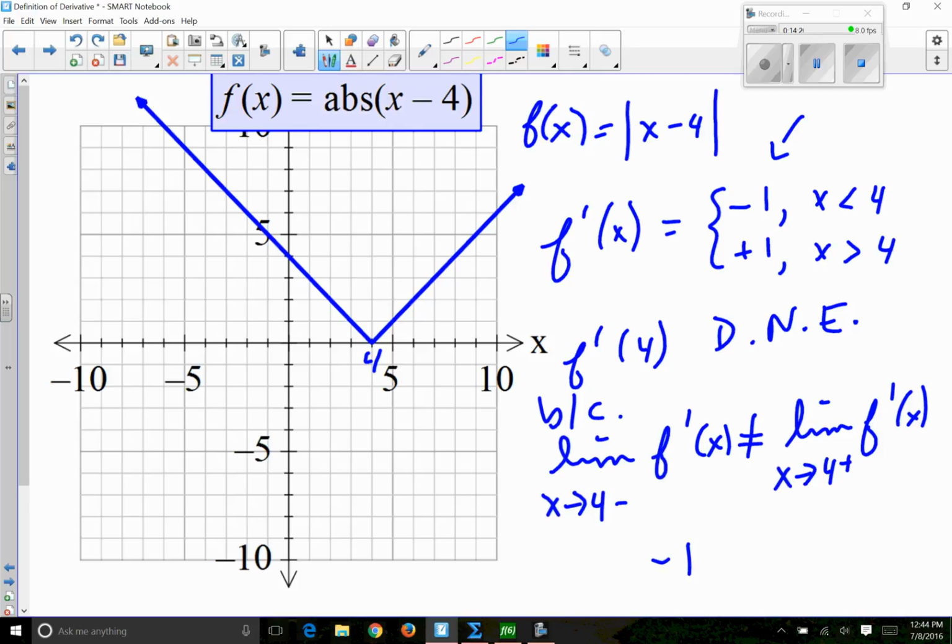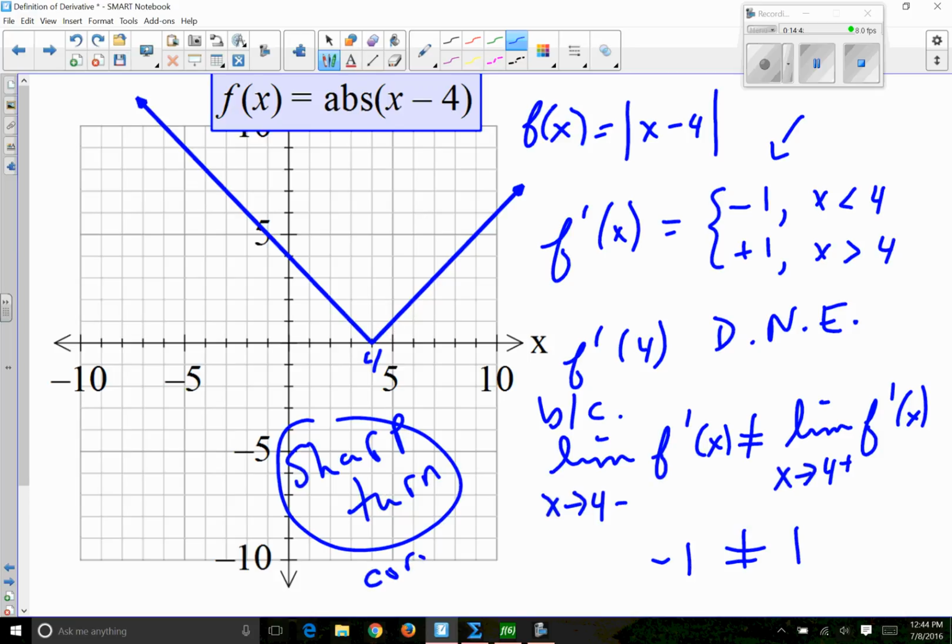On the right side of 4, the derivative is 1, and those are not equal. We say that when a function has a sharp turn, there will not be a derivative at the turn. The sharp turn, some people call it a corner.